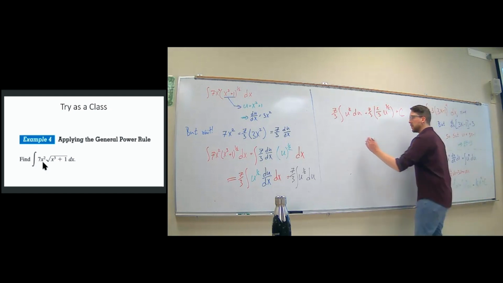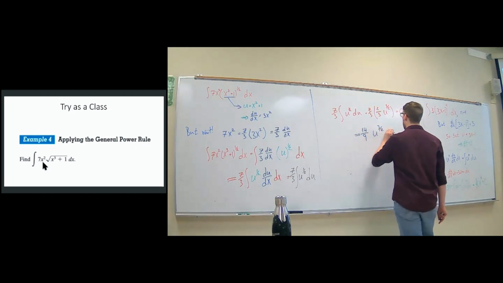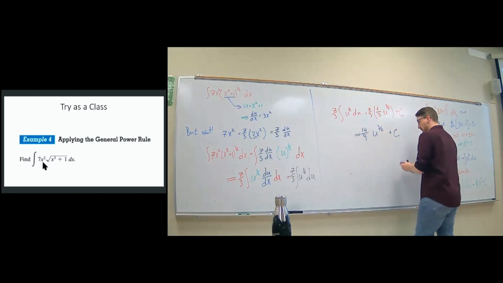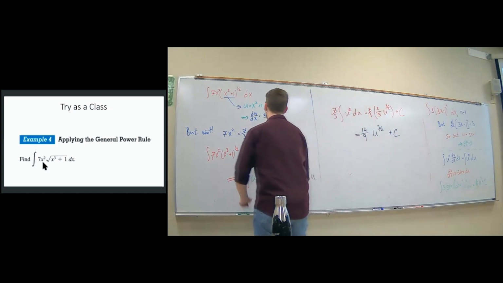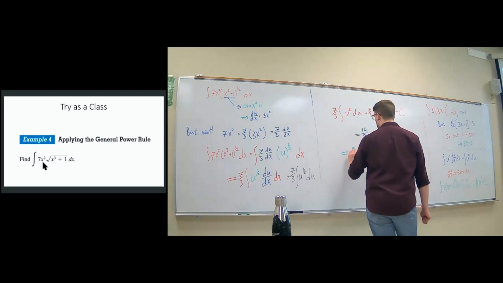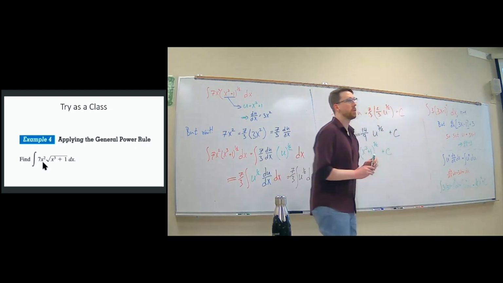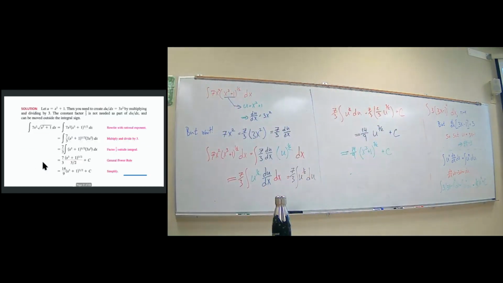So this is going to become 14 over 9 times u to the 3 over 2 plus c. And when we substitute u back in, we get 14 over 9 times x cubed plus 1, all raised to the 3/2 plus a constant. And checking our answer, that is exactly what happened, right?